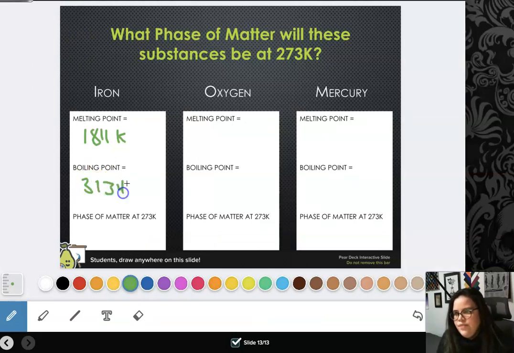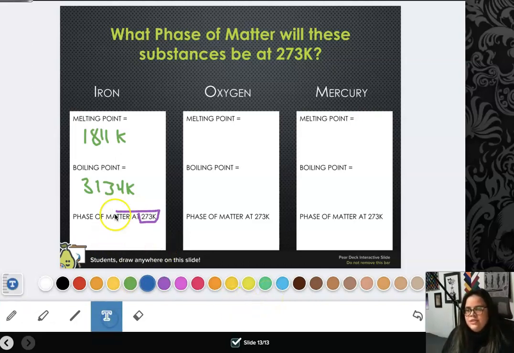So I'm going to write 3,134 Kelvin. And the temperature that we're talking about, meaning the environmental temperature, is 273 Kelvin. 273 is less than both of these numbers, so that means that we are lower than our boiling point. Lower than our melting point, which means we haven't melted yet. And so iron is going to be a solid at this temperature.